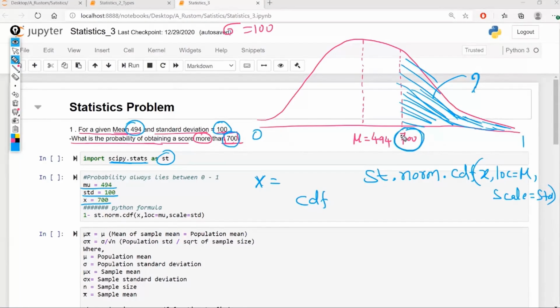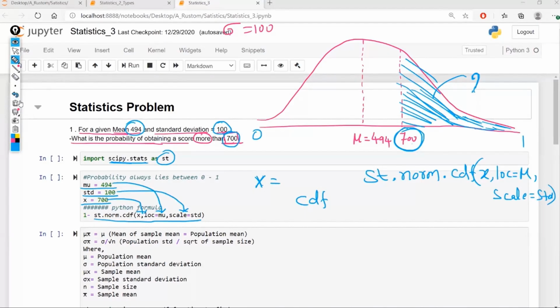If X data is given and I need to find the probability, I will use this formula and just plug in all this data accordingly. Then I will be able to find out the probability. So let's see how it is going to work.